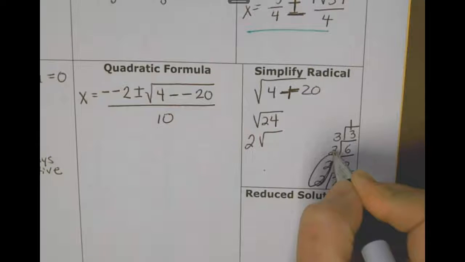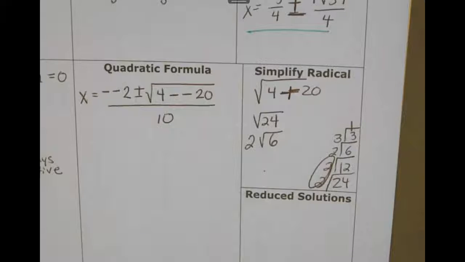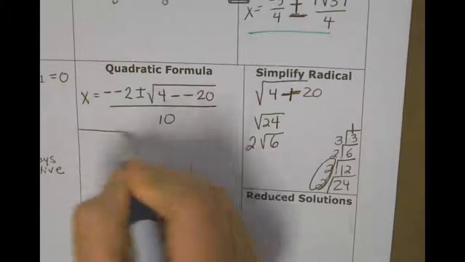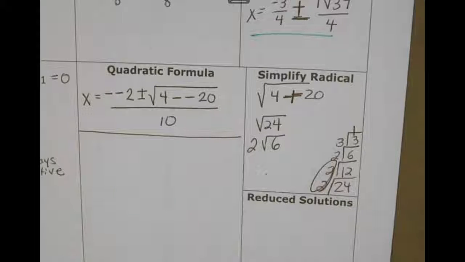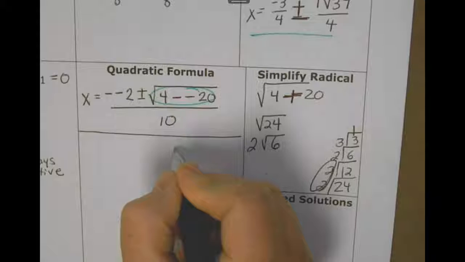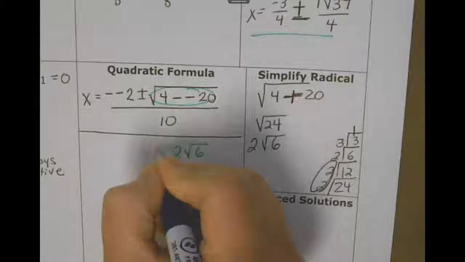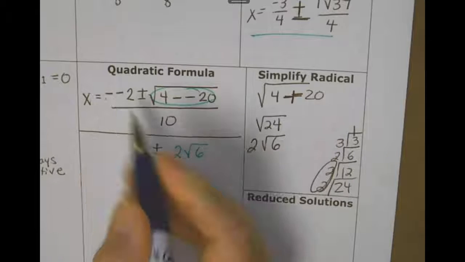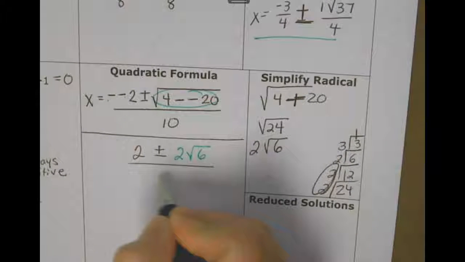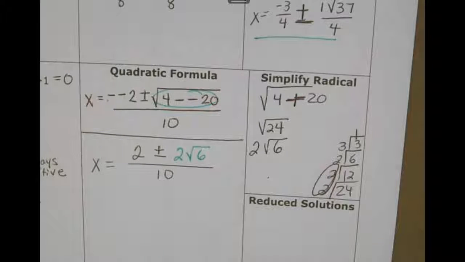This doesn't have a pair, this doesn't have a pair, they multiply together. This reduces to 2 square roots of 6. Minus a minus makes this 2 positive, and it's all divided by 10.